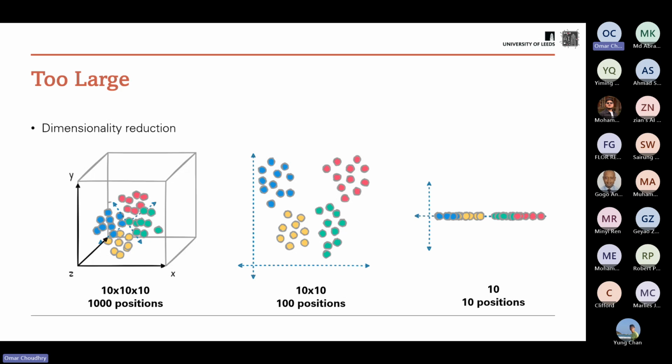And what you'd want to do is find ways that you can take your data in these large dimensions and bring it down to smaller dimensions, but you want to preserve the distributions, these different clusters, so that you can see them clearly. Because in here you see that there's some overlap between the red and the green and the yellow and the blue. And there are different techniques that help us do this.